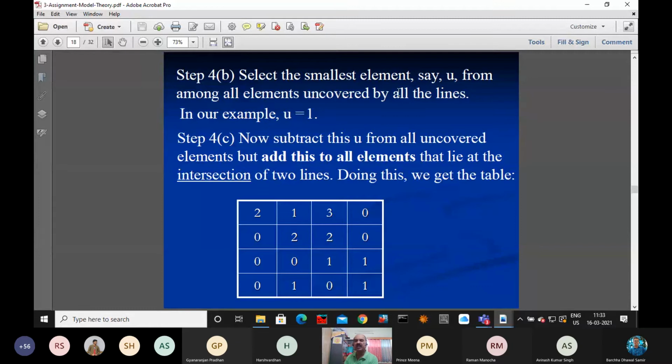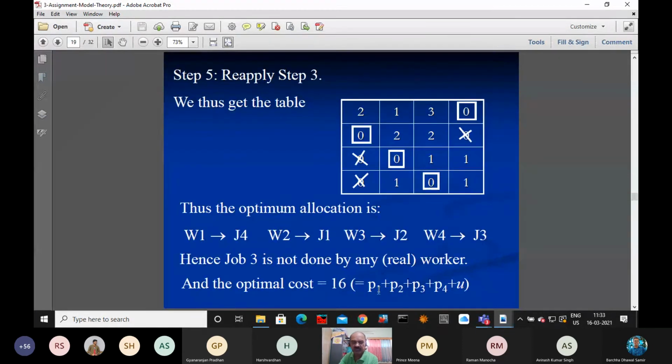That is subtracted from all the uncovered elements, and that 1 is added. So that U we are taking into account in this. As a result, we find this total is becoming 16. So the optimal solution is becoming 16 units.